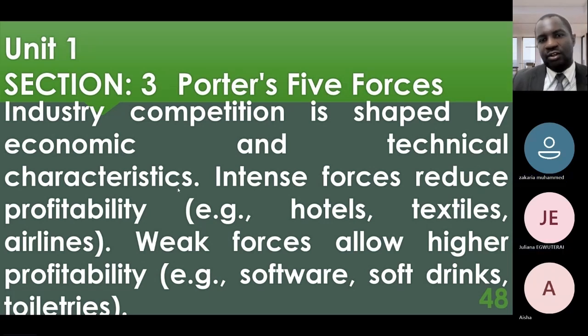All right. So looking at the industry competition of Porter's five forces, the hospitality industry, the textile industry, and the airline industry are intense forces where, if you make any mistake, it will reduce your profitability. Talking about hotels, there are some 5-star hotels like Bristol in Kano, Tahir in Kano, and Prince Hotel in Kano. Those are the 5-star hotels I know.